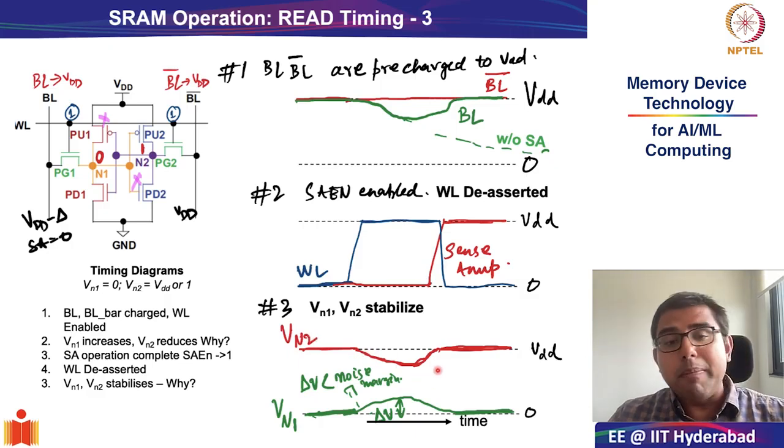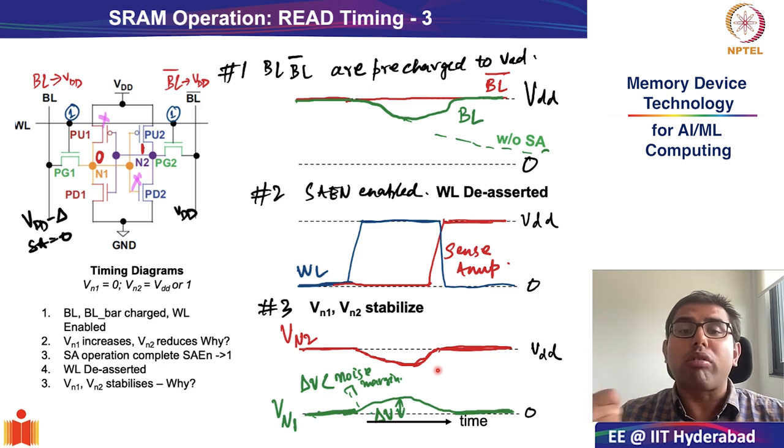Nonetheless, another important design constraint that you try to manage is the cell ratio.